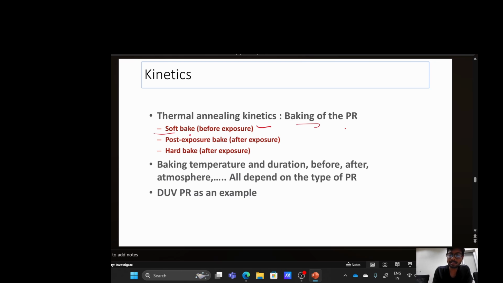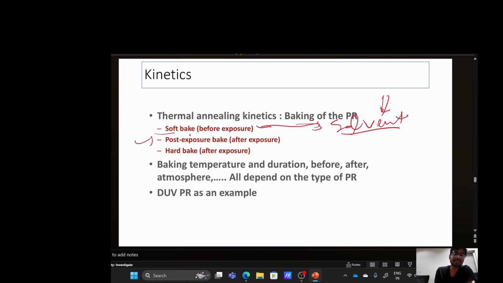Soft bake is just to remove the solvent. That is necessary, because otherwise there will be absorption of the light by the solvent as well, and there may be some chemical reactions, which can hamper the photolithography process.